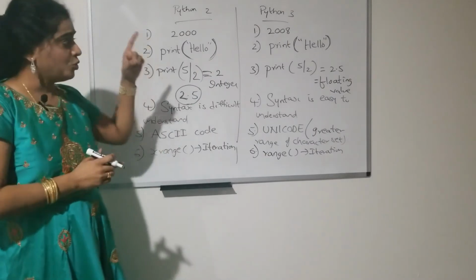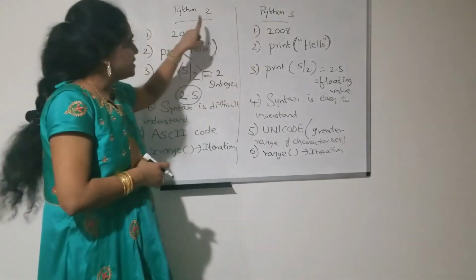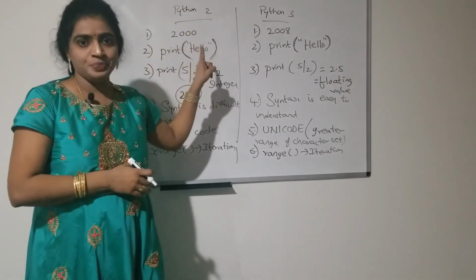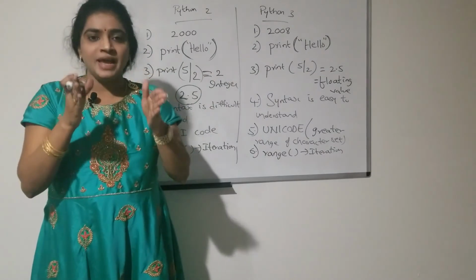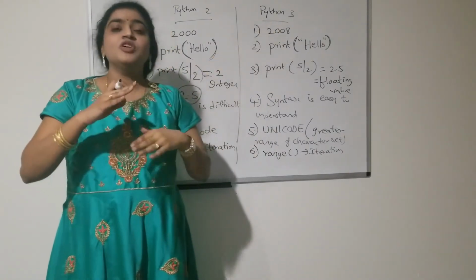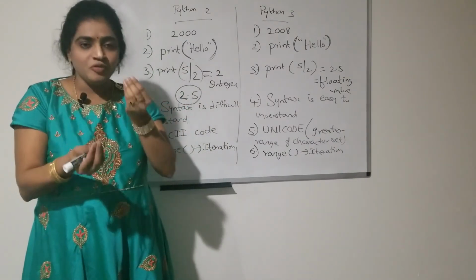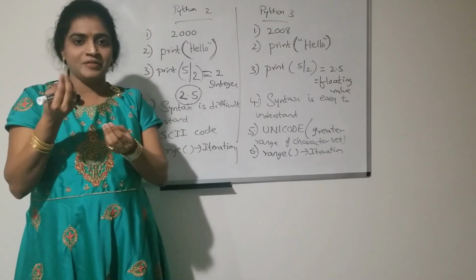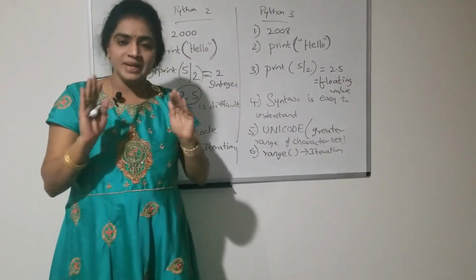As I told already, Python 3 is not an extended language from Python 2. It is an independent programming language. As it is independent, the main advantage is that whatever new features you want to add according to market requirements, we can add those features to this language happily.